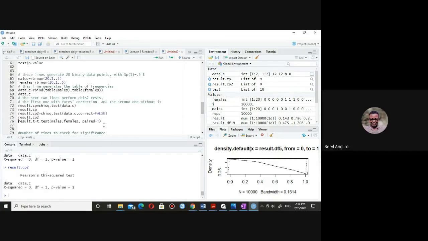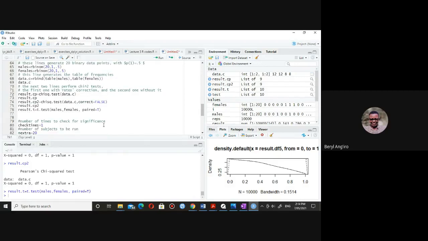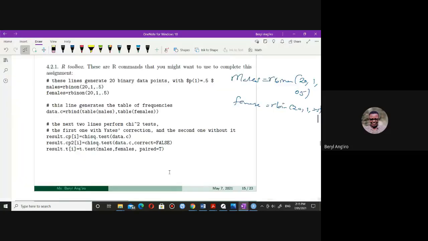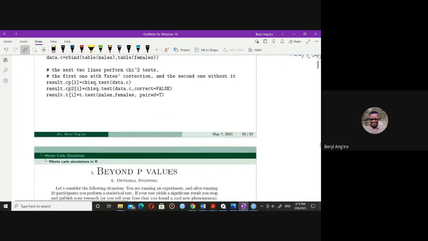Now we perform the t-test and get the result for the t-test. Again, here we have a p-value of 1, so there's no difference between the chi-square and the t-test p-values.